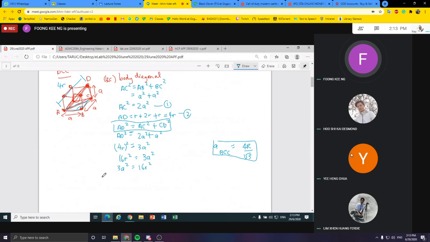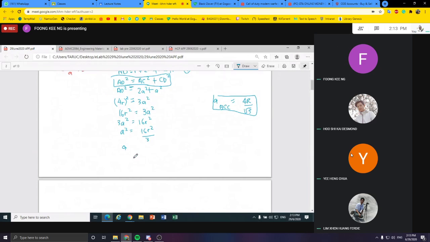Up to here, okay? So bring it slowly. This is 16R square over 3. So what we have here, A equals the square root of 16R square over 3. Square root of 16 is 4, square root of R square is R, over square root 3.